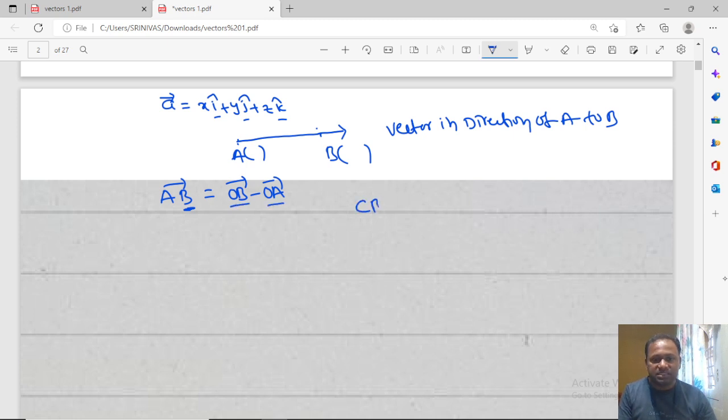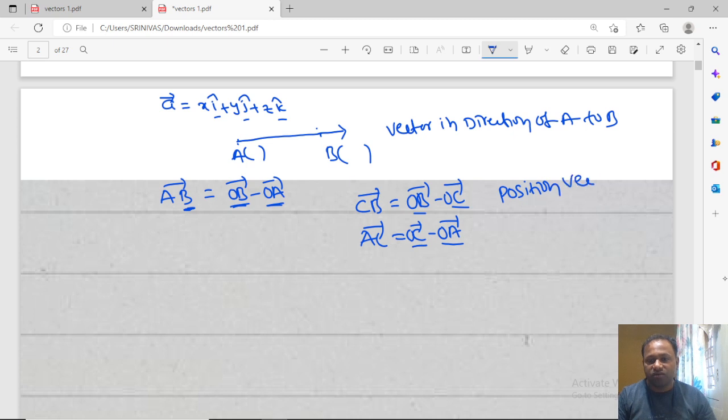For example, CB bar is OB bar minus OC bar. For example, AC bar is OC bar minus OA bar. Here OA, OB, OC are called position vectors of the given points.